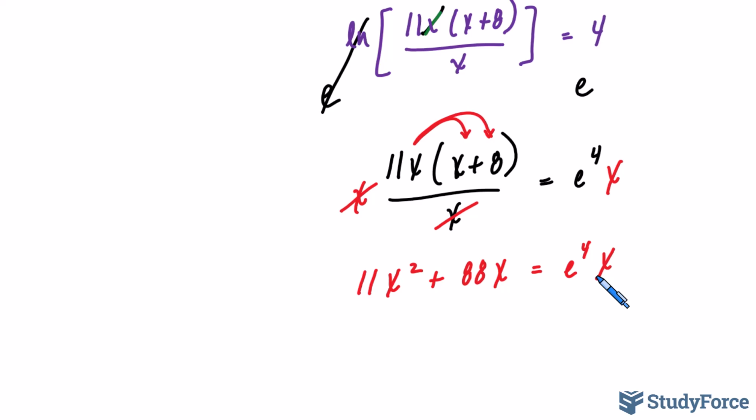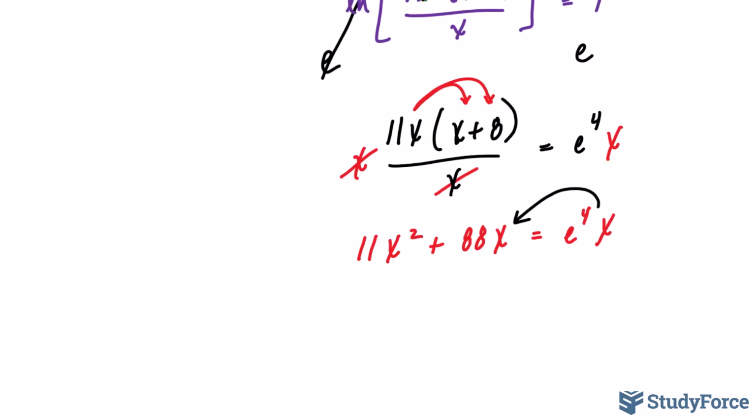Now you're not wrong to think that this is a quadratic, because it is. We have a quadratic on our hands. We'll bring the x term over. That way we can eventually common factor. This is an incomplete quadratic. Notice that there isn't a constant term, so that makes it easy to common factor and solve. 11x squared plus 88x minus e to the power 4 times x is equal to 0.